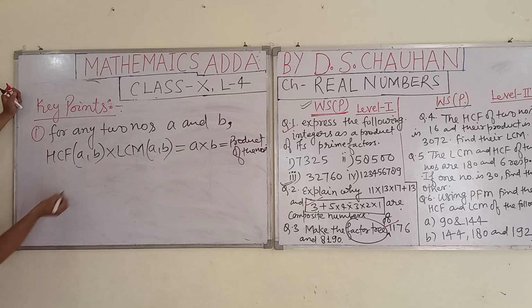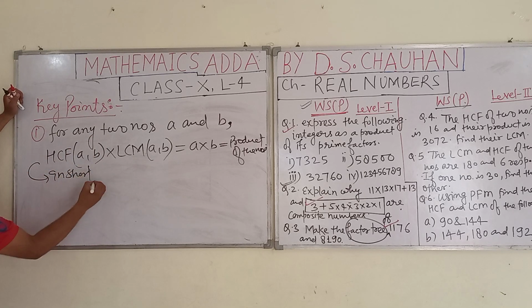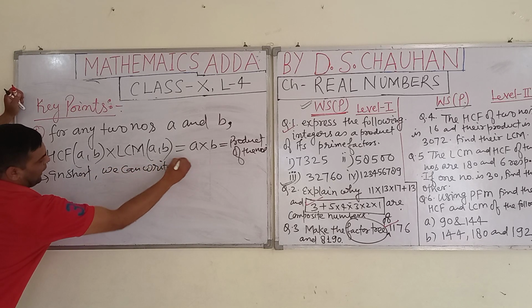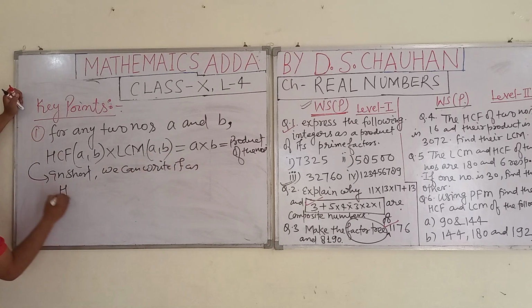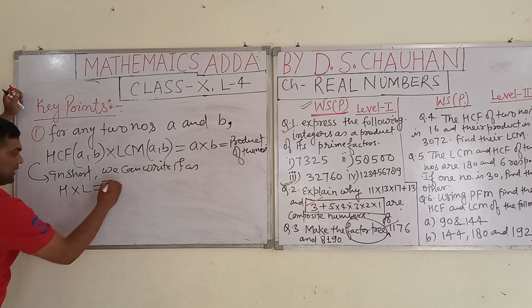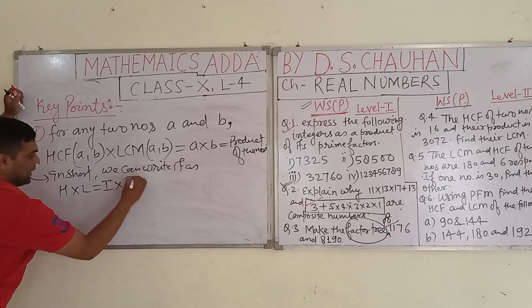So students, we can note down inside: H for HCF, L for LCM, equal to, for the first number we will write first and for the second we will write second.